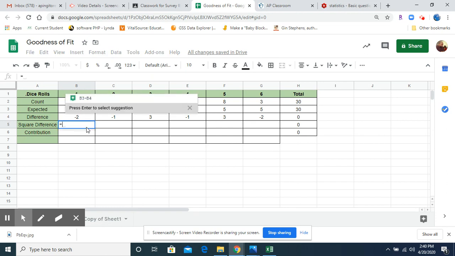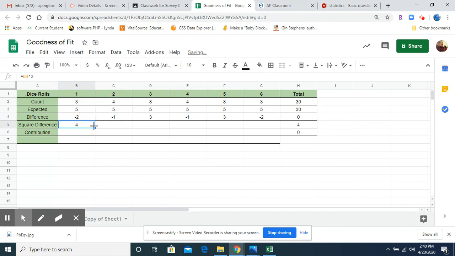So if I take this number and I square it, that gives us an emphasized difference. 3 is the furthest out. Notice it went up to 9, but if it's only 1 off, it would only add 1.